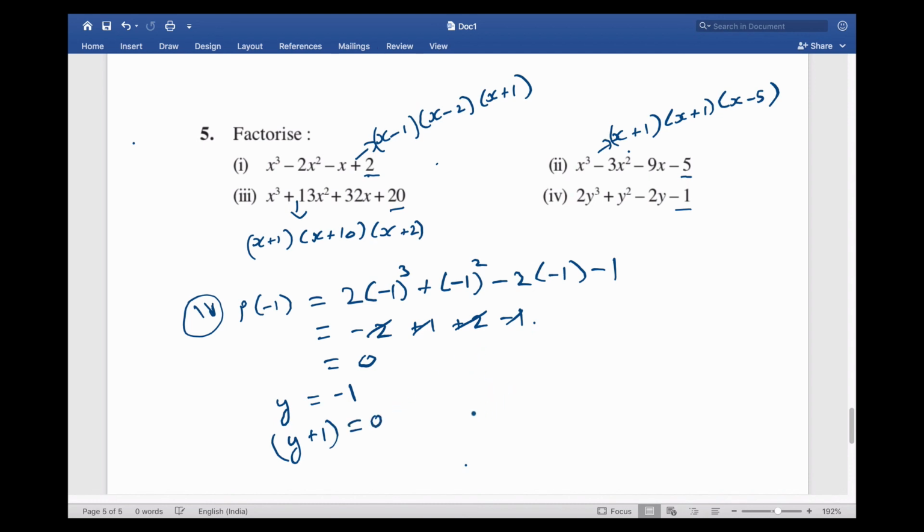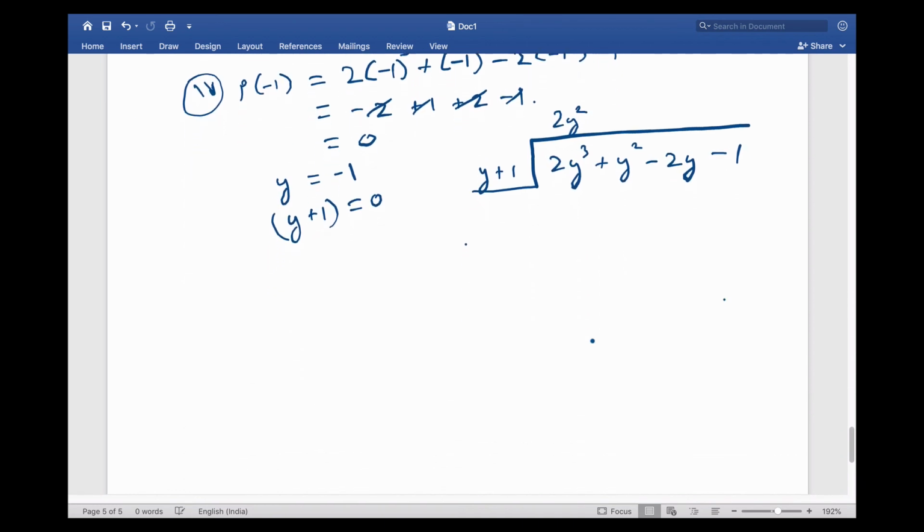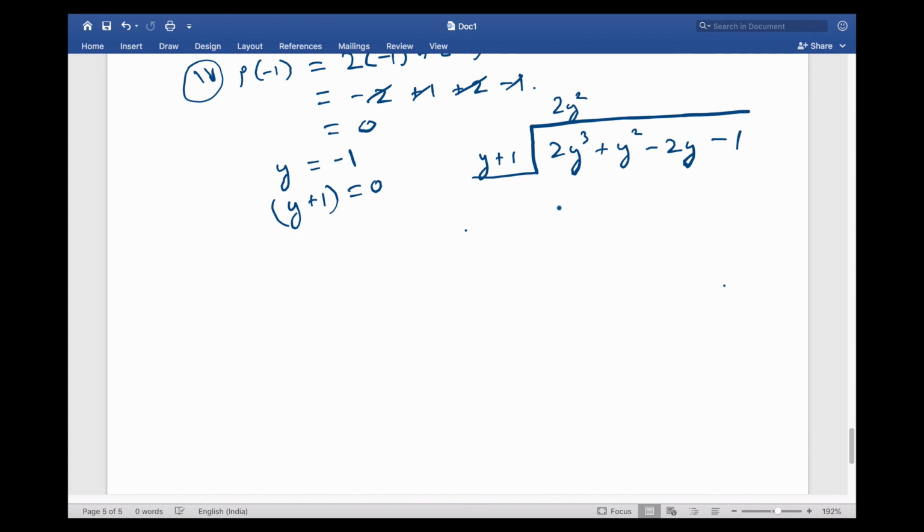Let us do the division now. So I get y plus 1 outside. Inside I'm left with 2y cube plus y square minus 2y minus 1. So I want 2y cube. I will simply multiply with 2y square. So we get 2y cube plus 2y square.